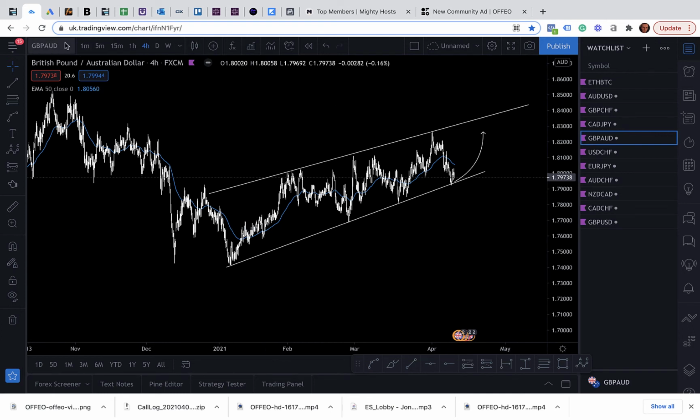Remember, the Aussie is in the second half of this pair. If the Aussie is strong, this pair will go down. If the Aussie is weak, this pair will go up. And then of course, if the pound's strong and the Aussie is strong, it will depend on the strength, because it's a battle of strength.